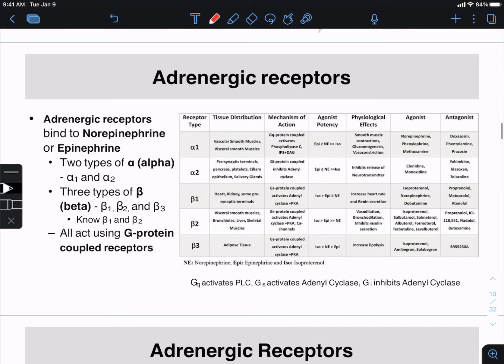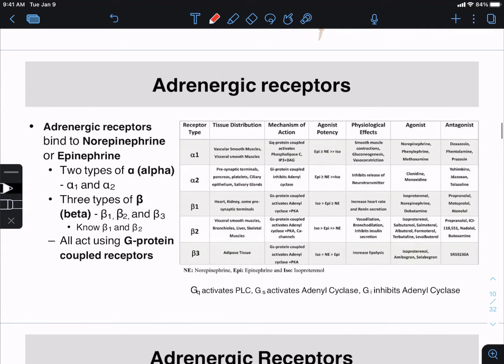Now, here's some fun. Norepinephrine is also known as noradrenaline, and it binds to a number of different receptors. Now, these receptors are located in different areas. Interestingly enough, norepinephrine has a close chemical cousin called epinephrine. In general, I'm talking very broad strokes here. In general, norepinephrine is a neurotransmitter, and epinephrine is a hormone.